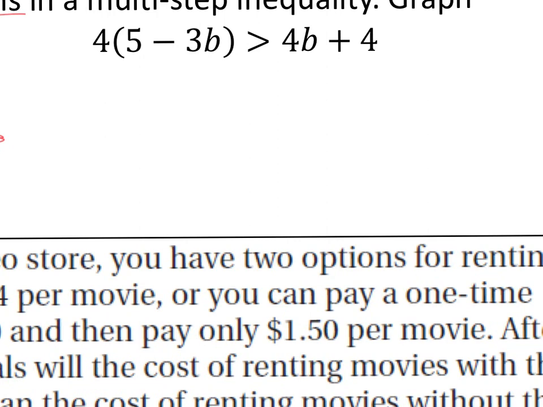And here we have 4 times 5, 20, 4 times negative 3b, negative 12b, greater than 4b plus 4. Okay. Now, I'm going to combine like terms.